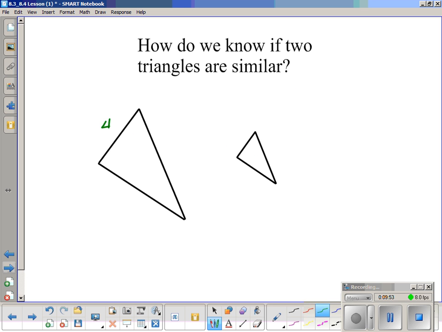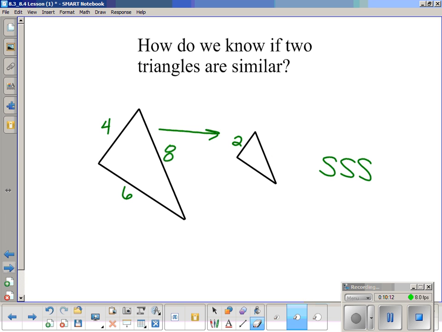So for example, if I know this is 4, this is 2, this is 8, this is 4, and this is 6, this is 3. If you notice from the small to the big one, all they're doing is multiplying by a half. If we know that all three sides are proportional, we know they're similar, so we know one conjecture is going to be side, side, side.